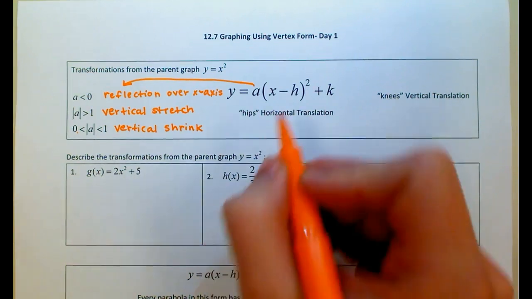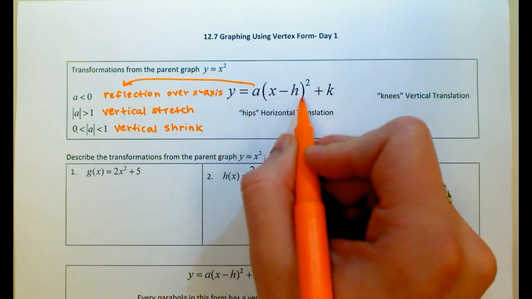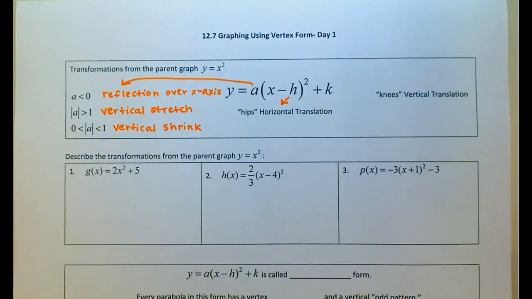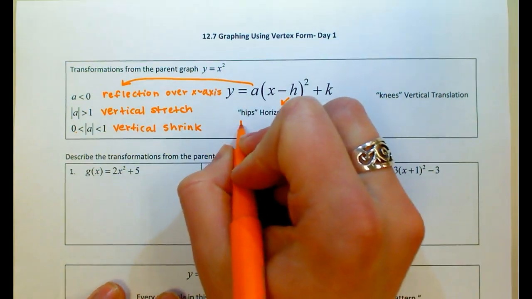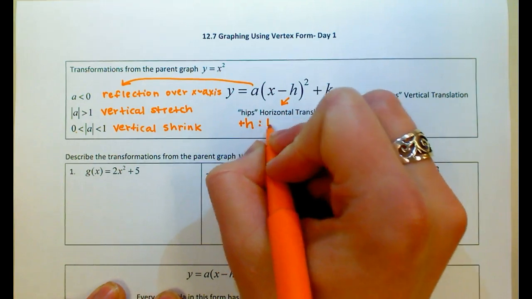And then we had our h value. In this case, we have it as x minus h quantity squared. Our h value, if you remember, is like our hips. Our hips move us from left to right, so our hips is our horizontal translation. If it is a positive h, that means our graph is moving to the left.